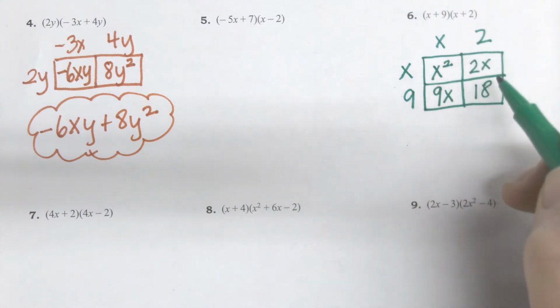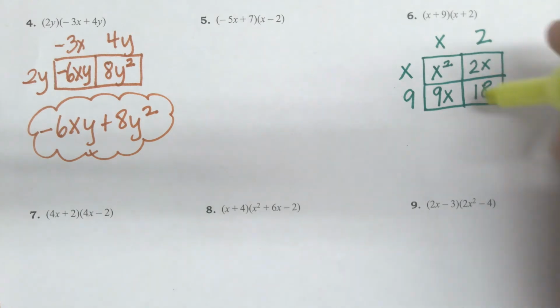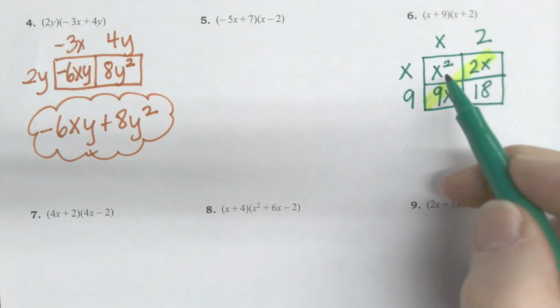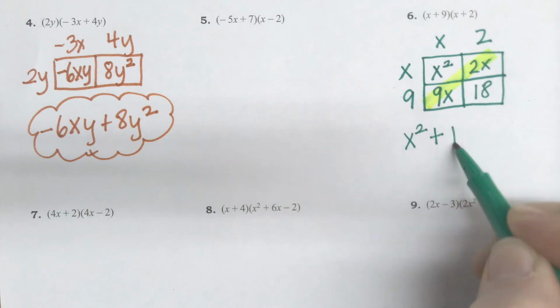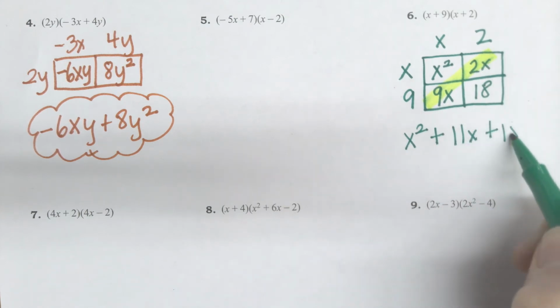And then my final thing, remember, look for like terms. So in this case again, I found that I have 9x and 2x, and my job is to add it all together. I can't combine anything with the x squared, so it's x squared plus 11x plus 18.